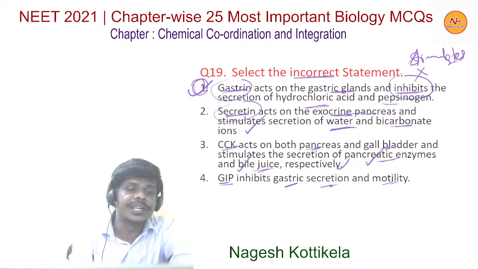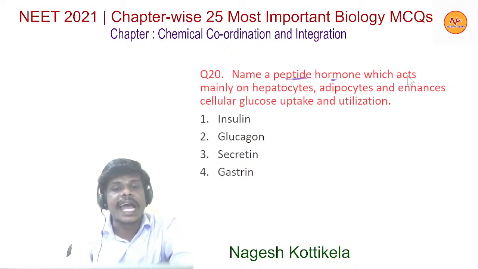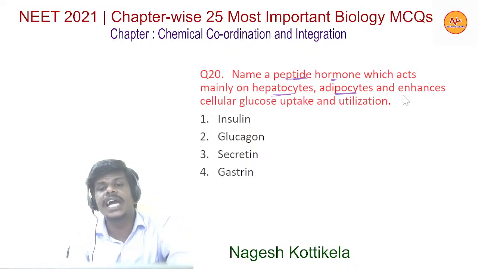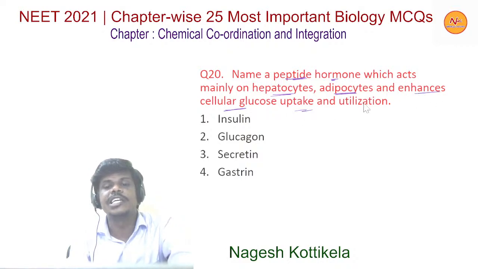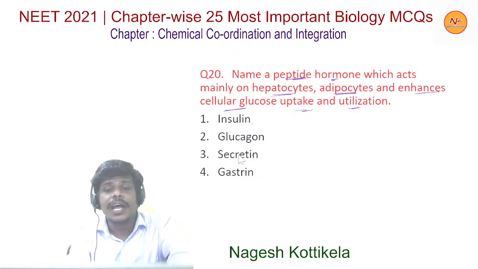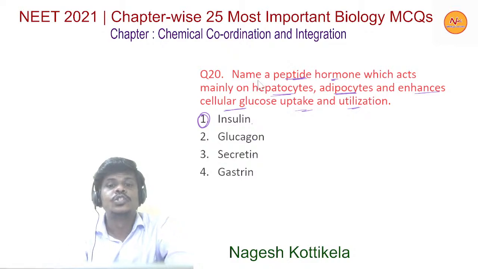Now, moving to the next question. Name a peptide hormone which acts mainly on hepatocytes, adipocytes and enhances cellular glucose uptake and utilization. Here, option 1 insulin, option 2 glucagon, option 3 secretin and option 4 gastrin. And here the right option is insulin.